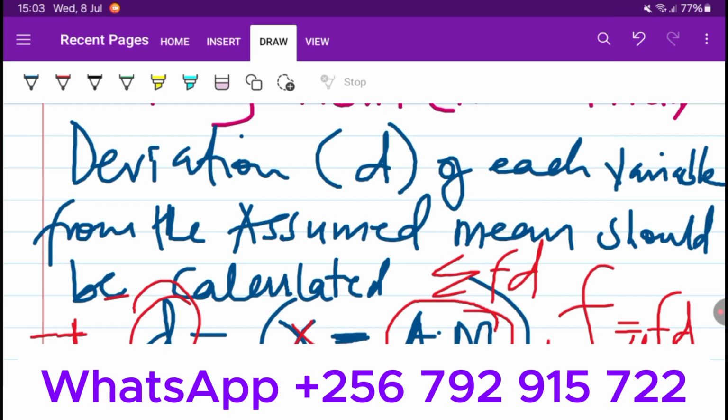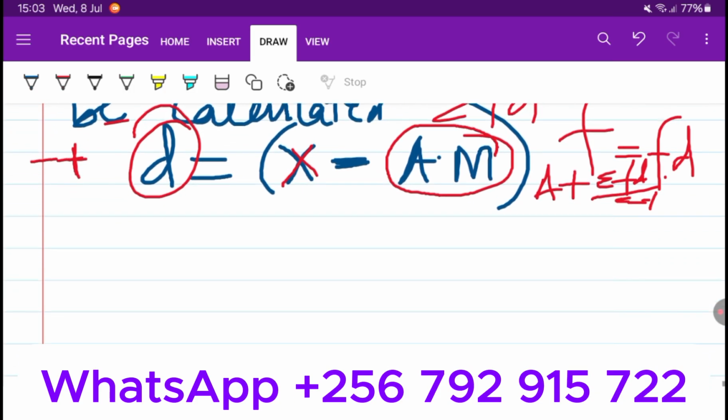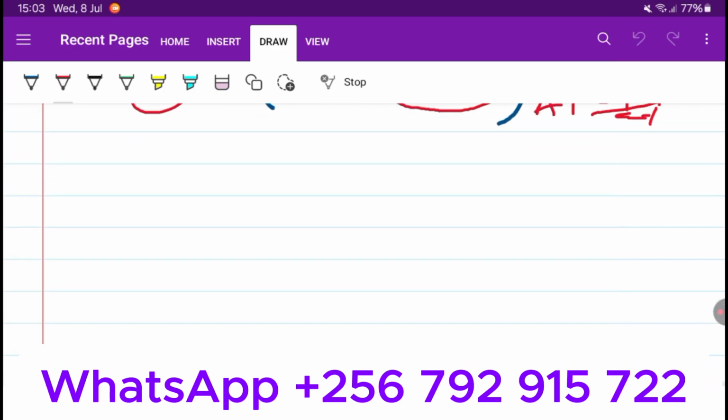So when we are using the assumed mean method, how do we compute the mean? Let's write the formula very well.